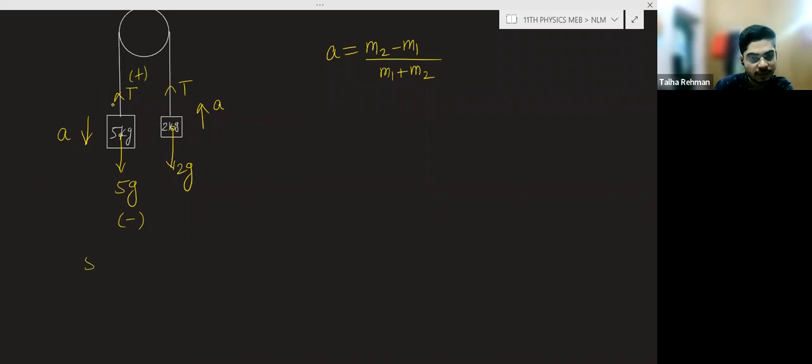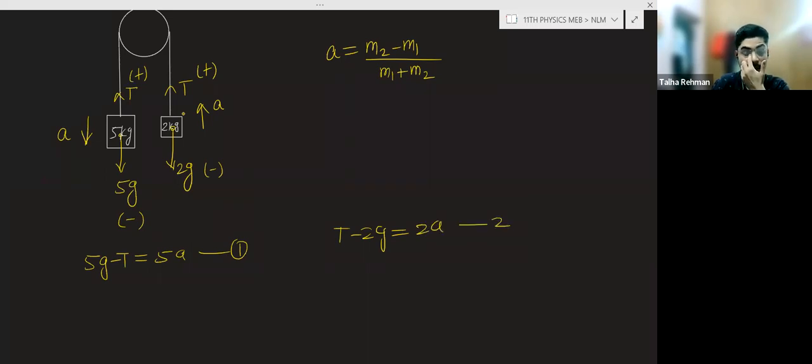We will write 5g minus T is equal to 5a. This is your equation 1. And for this 2 kg, this mass is going in upward direction, so you will take this as positive, this as negative. So you will write T minus 2g is equal to 2a. This is equation 2.